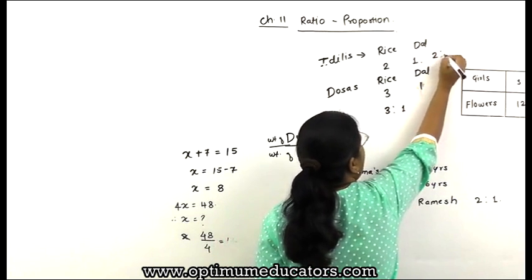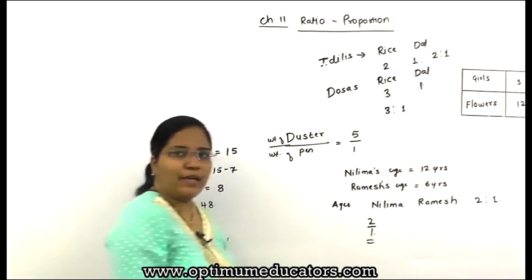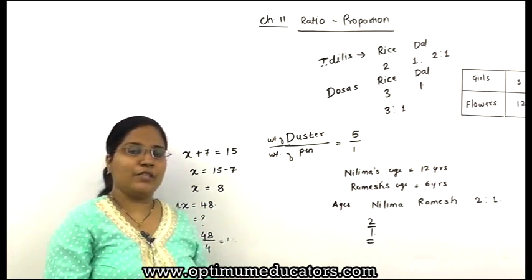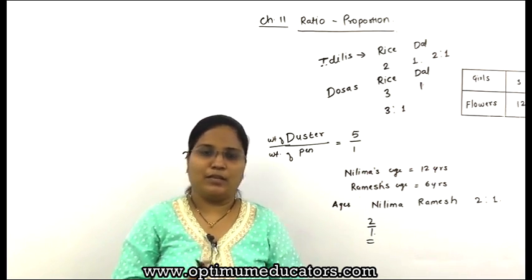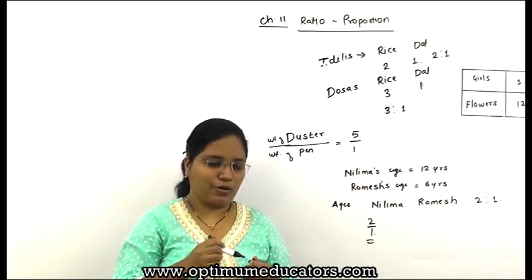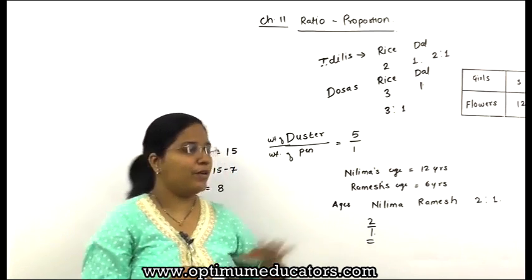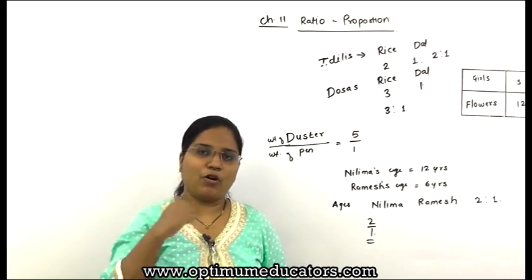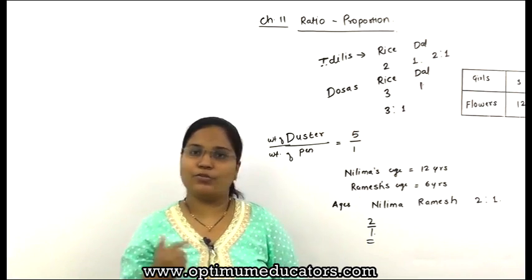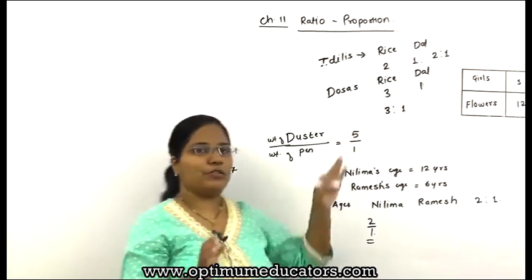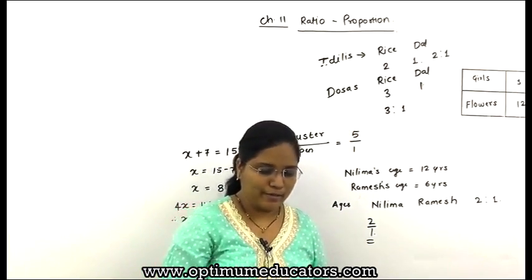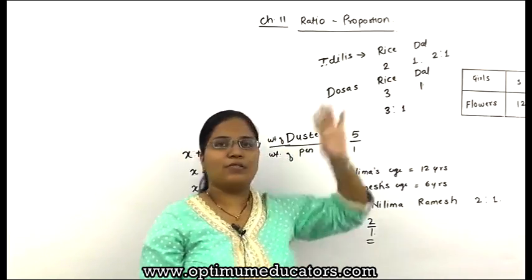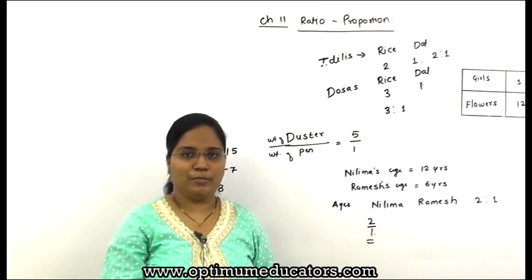Here the proportion is 2:1. If the proportion is changed, your final result, idli or dosa, will not be proper. So in order to make good idlis or good dosas, this proportion or ratio has to be maintained. This kind of thing also comes under the proportion part.